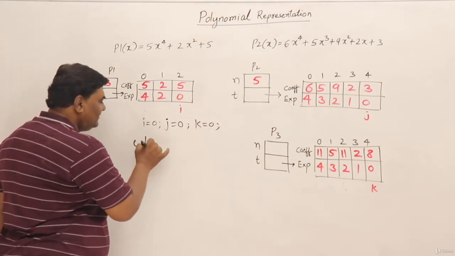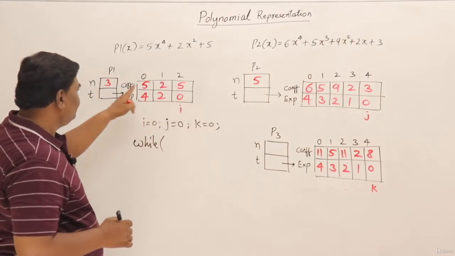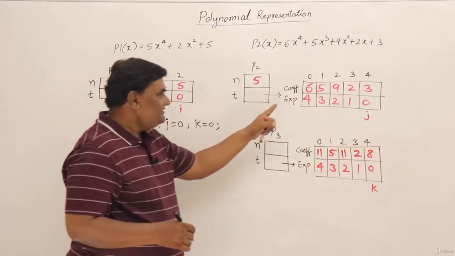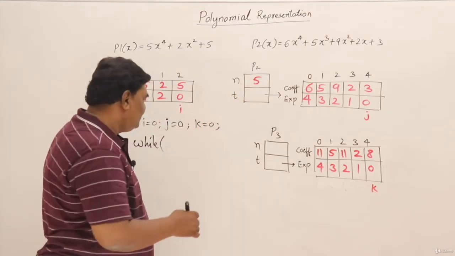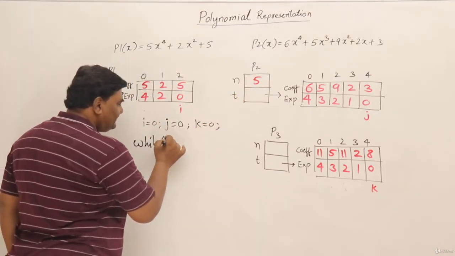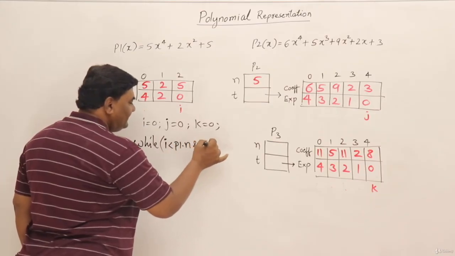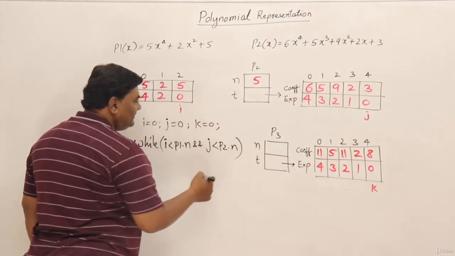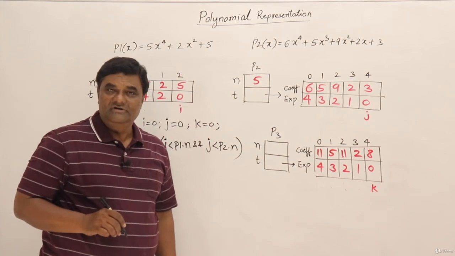While, how long? Until i reaches this one, less than n, p1's n, and j reaches this one, that is p2's n. i is less than p1.n and j is less than p2.n. So if any one of them finishes, then we should stop.